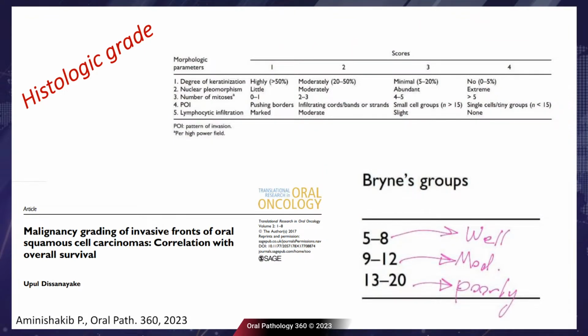Okay, another important topic is histologic grade, which all pathologists are supposed to report. I recommend you use the modified Brynes grading system for oral squamous cell carcinoma, which includes 5 criteria and parameters: degree of keratinization, nuclear pleomorphism, number of mitoses, pattern of invasion, and lymphocytic infiltration.